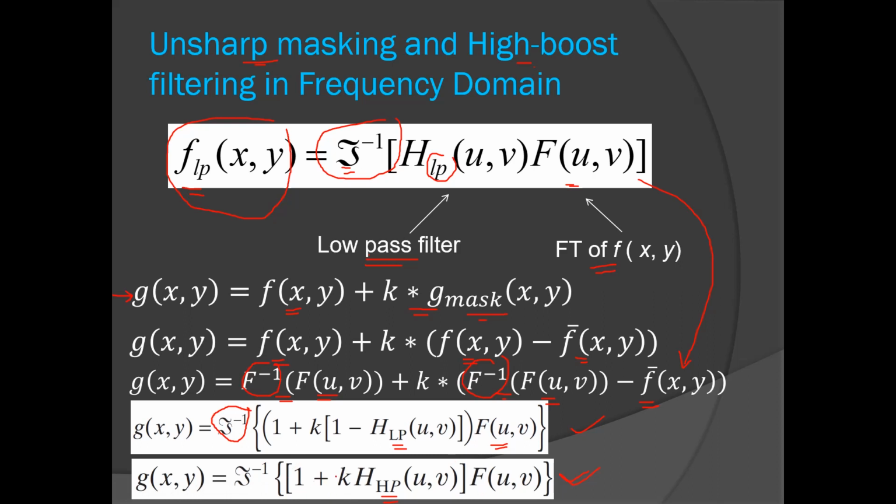Here we have 1 plus k times h, the high pass filter. This k will be an integer, and when k equals 1, that is unsharp masking, and if k is greater than 1, that is known as high boost filtering.